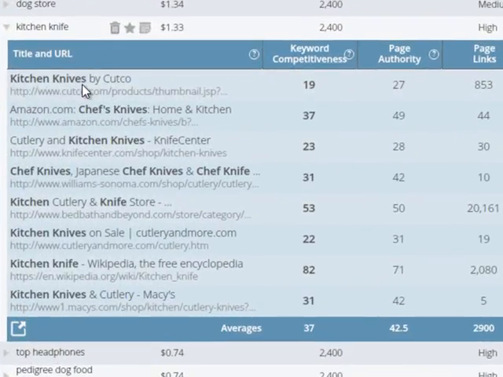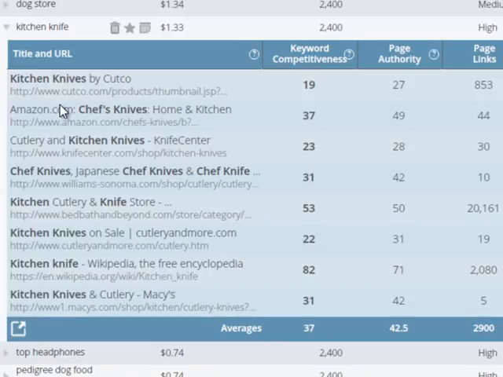So we can see kitchen knives, chef's knives, kitchen knives, kitchen chef knives, and kitchen knives again and again. Notice that I'm looking at the plural the same as the singular. It doesn't matter that they say kitchen knives or kitchen knife. It's really the same thing.